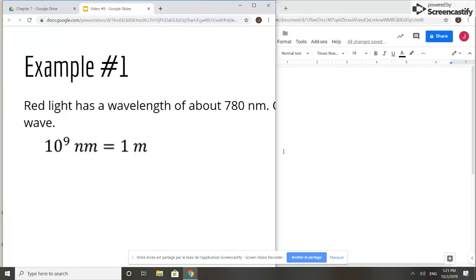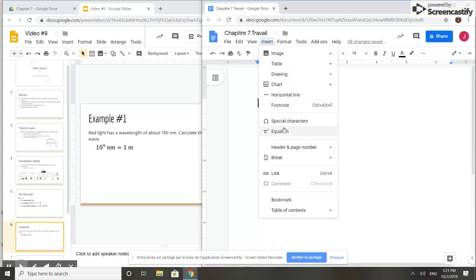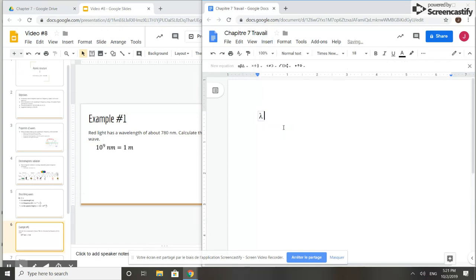All right, I'll work through this. First off, I have to take 780 nanometers and convert it to meters. And then I can use lambda times v equals c. I can rearrange this for v.